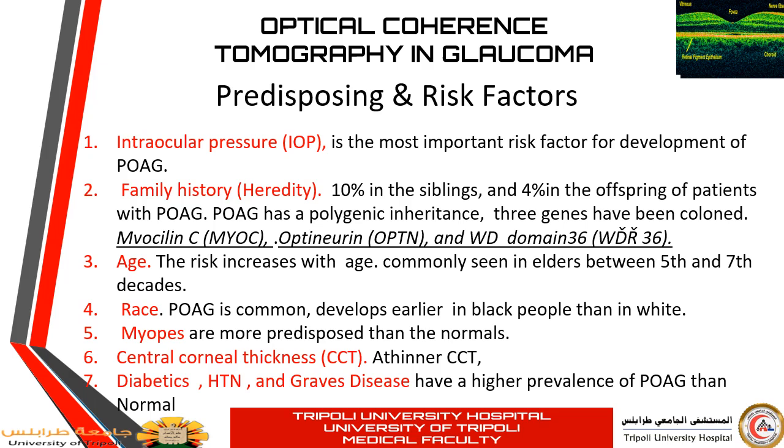Although there is a lot of debate and controversy about the association of diabetes and hypertension, they found increased incidence of glaucoma in diabetic patients and in hypertension and Graves' disease, but the exact mechanism is not known. But the most likely factor may be related to what's called the perfusion pressure of the eye. What I mean by perfusion pressure is the difference between the diastolic blood pressure and the intraocular pressure.